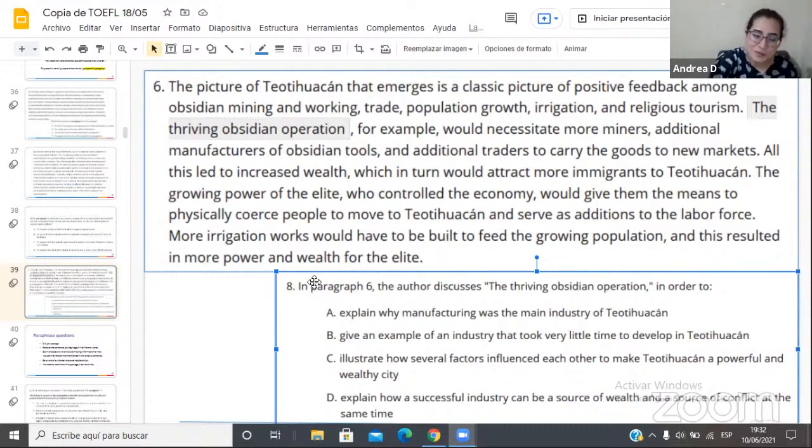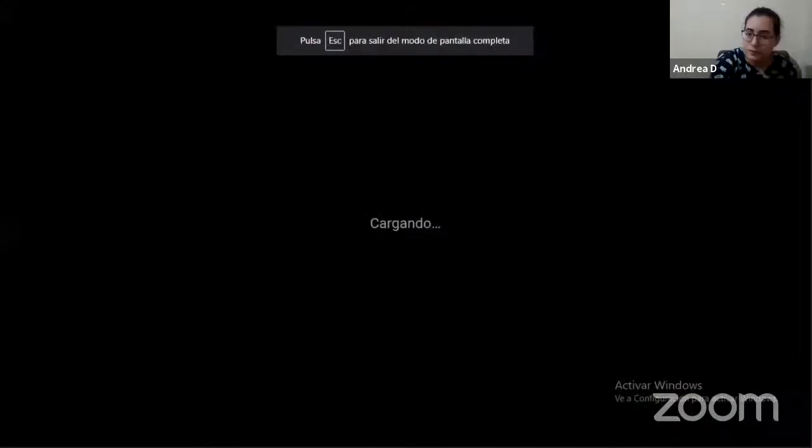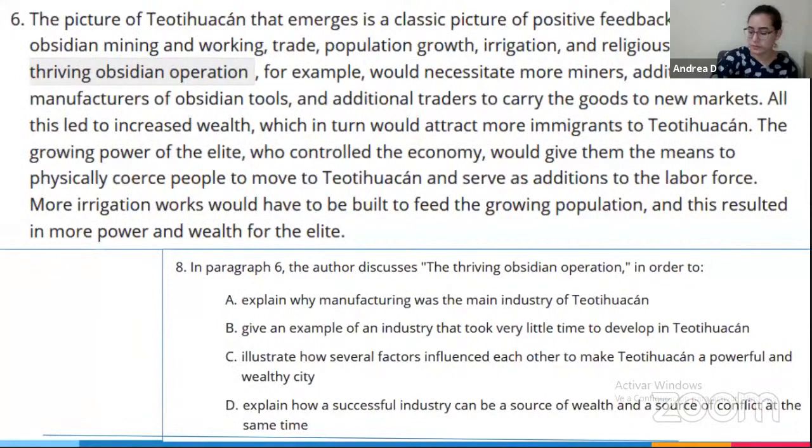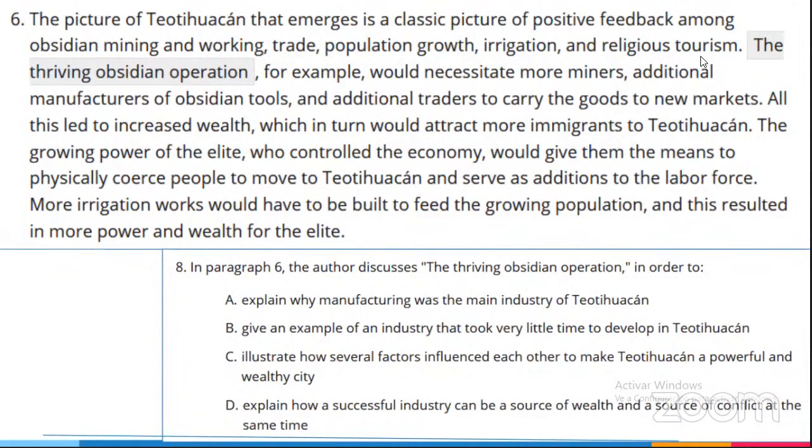Well, let's see. All right, so I was saying, shall we read the question? Fernanda, you want to read the question? Yes. Okay, go ahead. In paragraph 6, the author discusses the thriving obsidian operation in order to: A. Explain why manufacturing was the main industry of Teotihuacan.